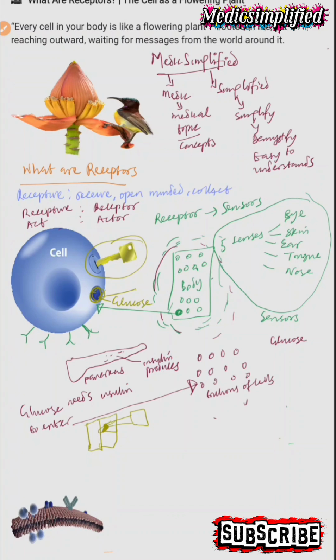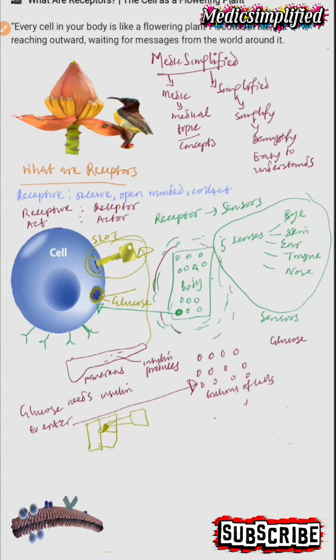So once this pancreas produces insulin, this insulin will come here and slot in. It's like you put a key inside an entrance below the door knob. Then when you slot the key in and maneuver the key inside, you open the door knob.